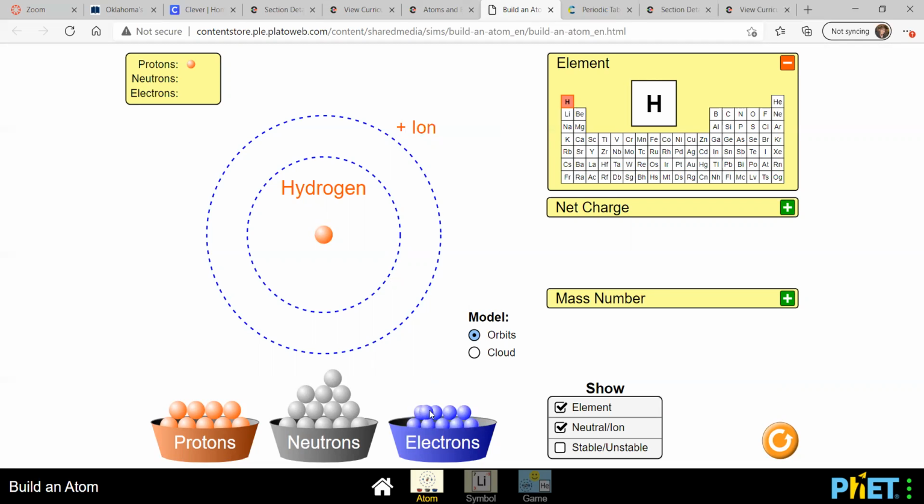So that was a hydrogen ion, and now it's a neutral atom, since we added a negative electron. Now we have a negative ion, or anion.